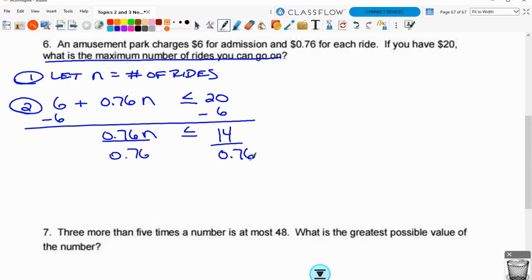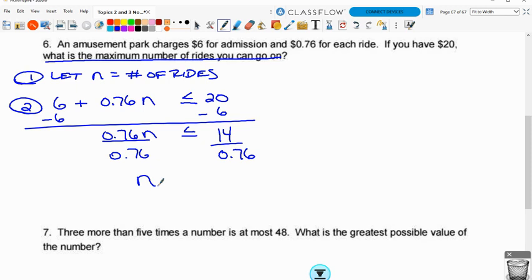Looking at this on the left, 76 hundredths n divided by 76 hundredths is just going to be the one n that we're looking for. And now if you punch into your calculator 14 divided by 76 hundredths, you're going to get a really nasty decimal. So we're going to write out all of those decimals.